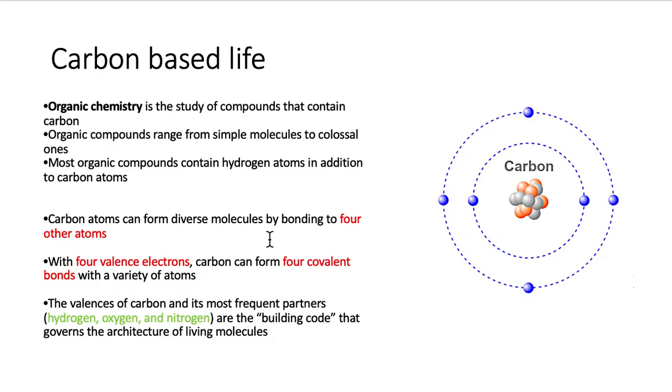The uniqueness of a carbon atom is the fact that it can covalently bond to four different atoms. This can happen because of four valence electrons on the outer shell of the atom that are ready to interact with other atoms. So, in general, a carbon atom must frequently interact with hydrogen, oxygen, and nitrogen. And all these interactions govern the architecture of living things.